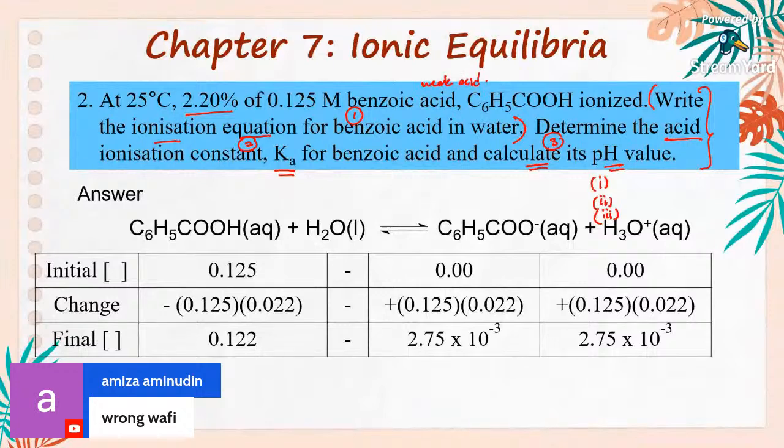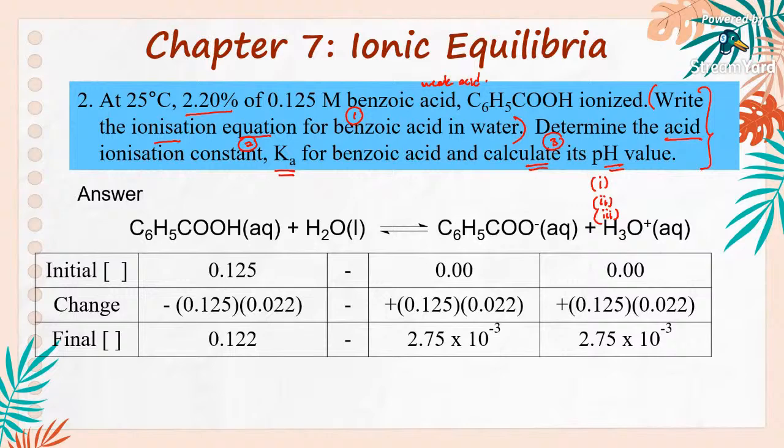For this chapter, mostly calculations dealt with weak acids or weak bases, so you must use the reversible arrow, because there will be marks for your equation. You must make sure this arrow is correct. Right, reversible arrow. And you will also need to include the phase.